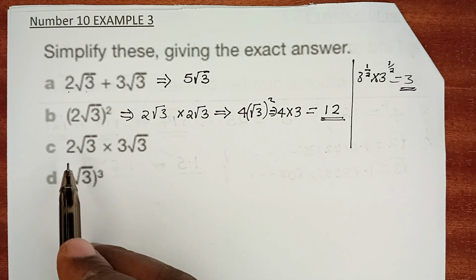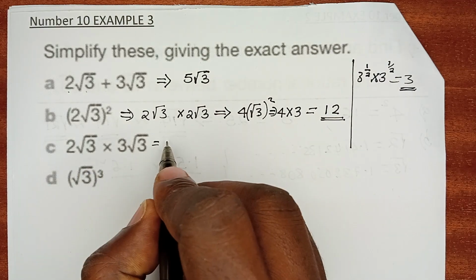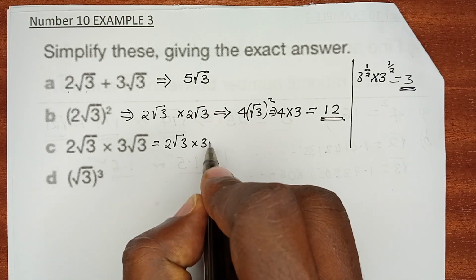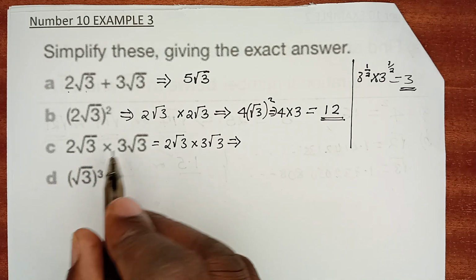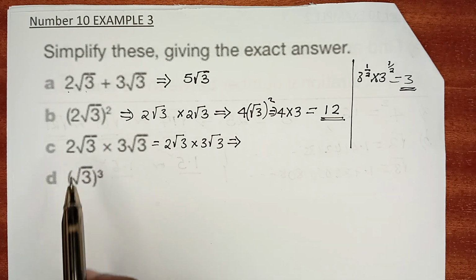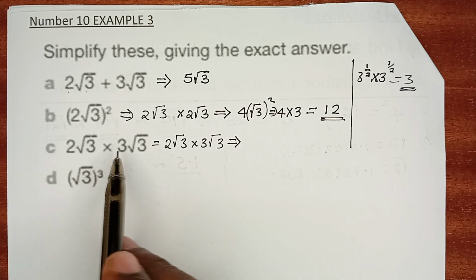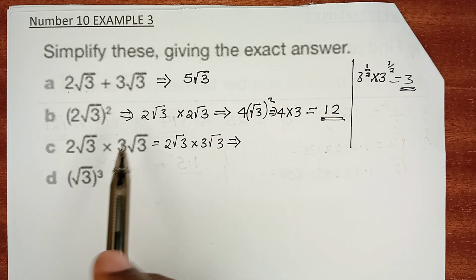Part C, we have 2 root 3 times 3 root 3. It is exactly like part B, but you realize that the numbers that are not under the root, the rational part of this number as we may call it, are not similar.